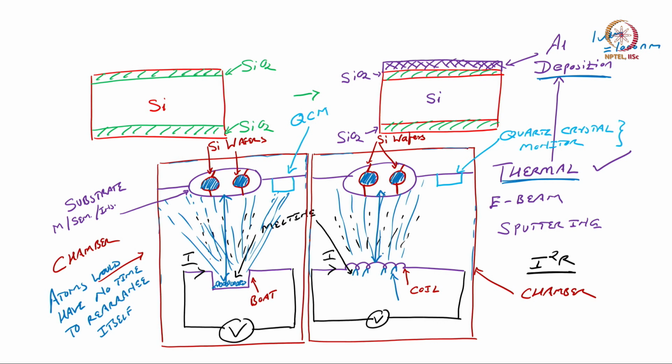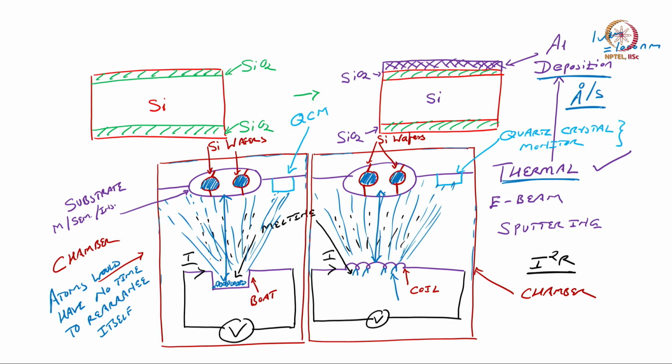All right. Now, what we do next. The quartz crystal, like I said, the material can also get deposited on a quartz crystal. When this happens, the quartz vibration would change, the frequency would change, and that is already programmed to understand the deposition rate, which is given in angstrom per second.